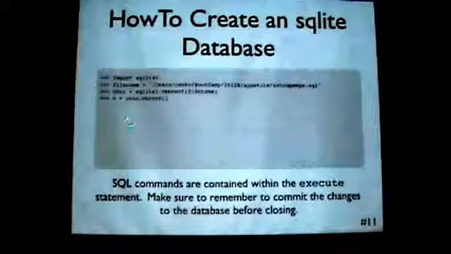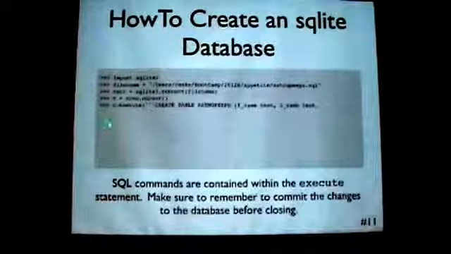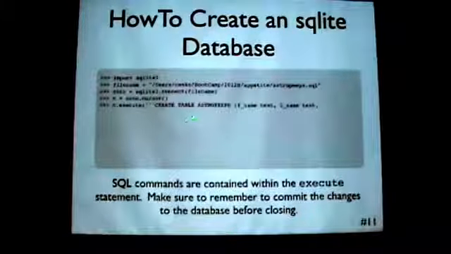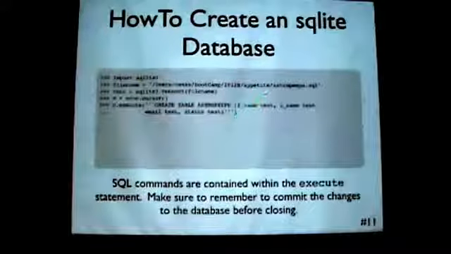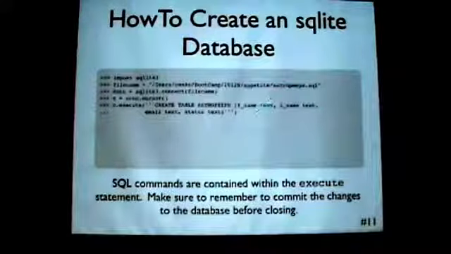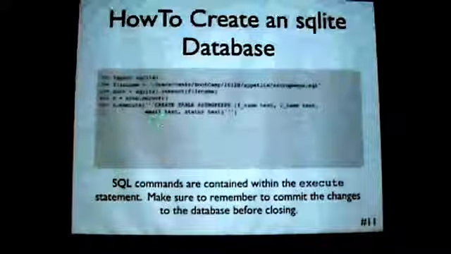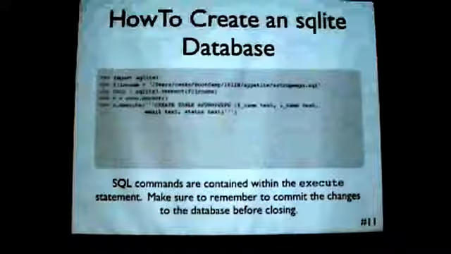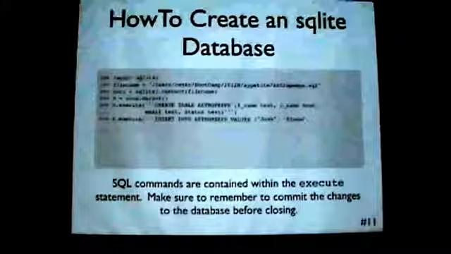We're going to generate a cursor so that we can interact with this database. We're going to create a new table that we're going to call Astro People. And within that table, there are going to be the columns first name, which is a text item, last name, also text, email address, and status, whether they're grad student, postdoc, faculty, or whatever. And we're going to start inserting some rows into that table.